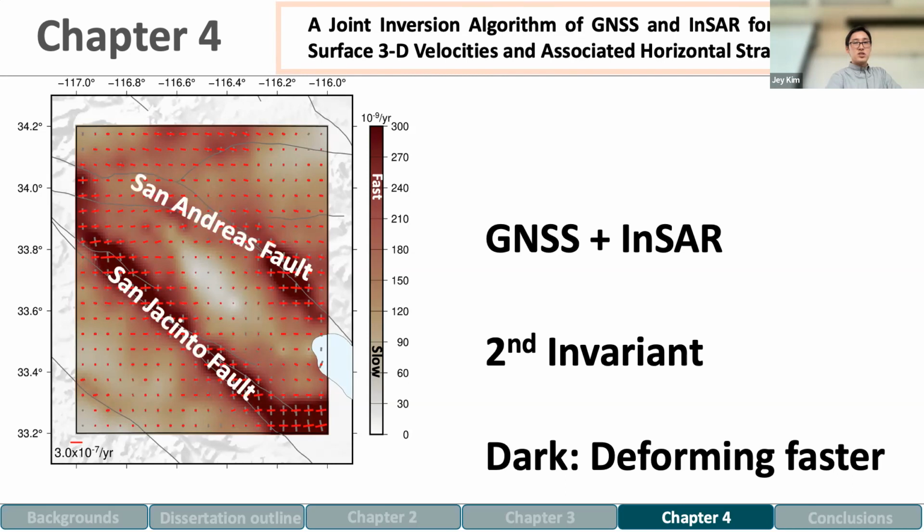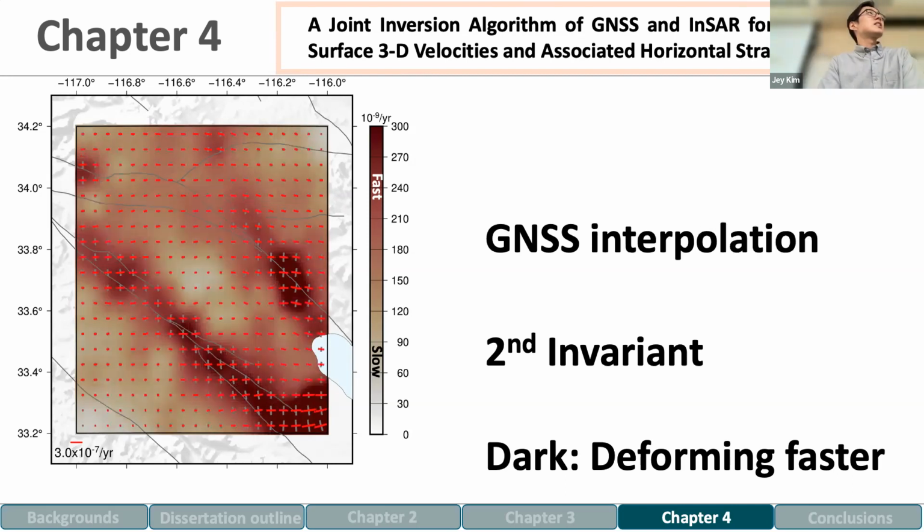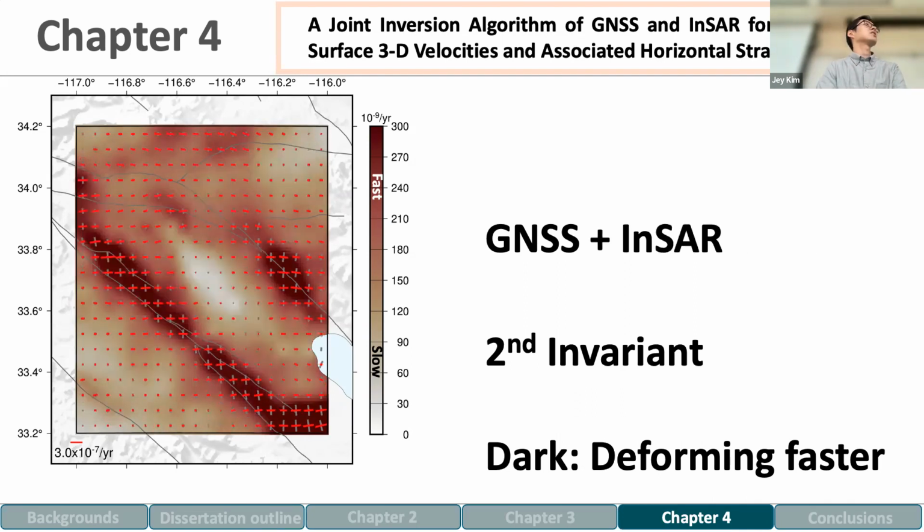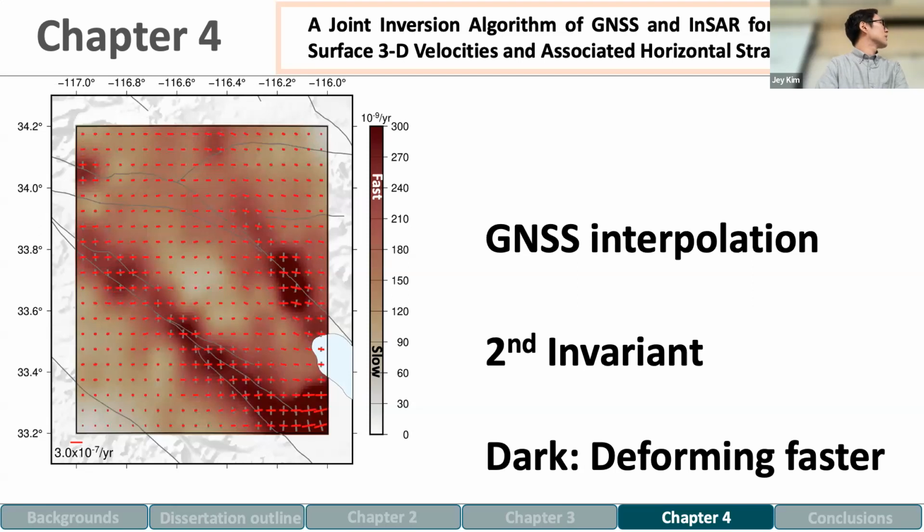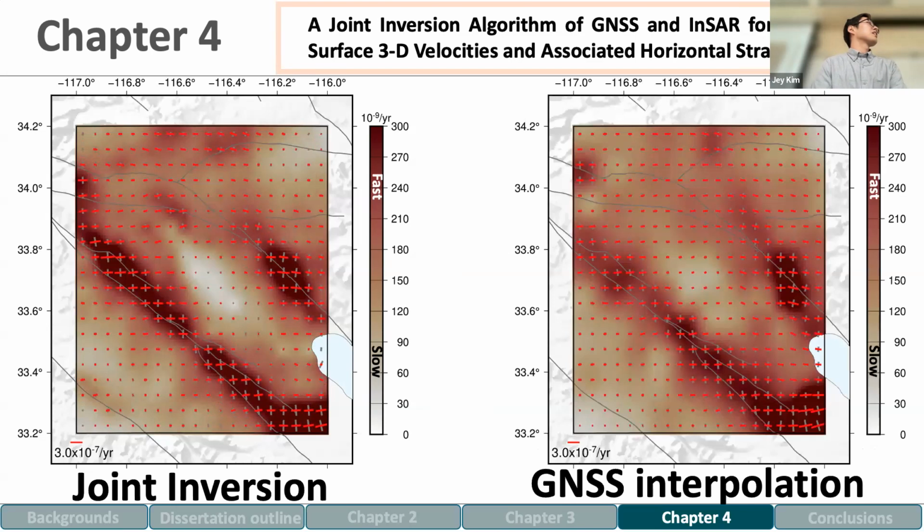And you have two major faults here, the San Andreas fault and the San Jacinto fault, and that's the joint inversion result. And that's the GNSS-alone solution that I used in the previous chapters. Again, that's joint inversion, that's GPS alone. So I think joint inversion is slightly better than the InSAR-alone solution in terms of spatial resolution.